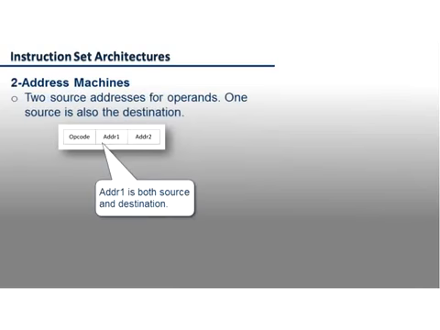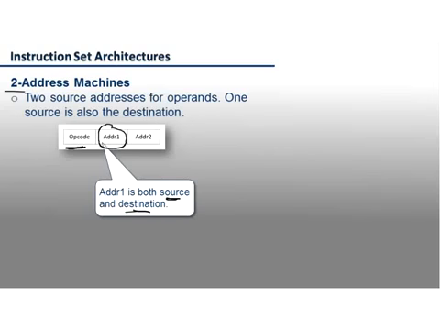Right, let's continue. Now the third type is the two address machine. Fairly interesting, fairly simple as well. Now on the left hand side, always on the left hand side you have the code. Then, this is quite different. We have two addresses. It's called two address machine. The one in the middle, address 1, is source and destination at the same time.